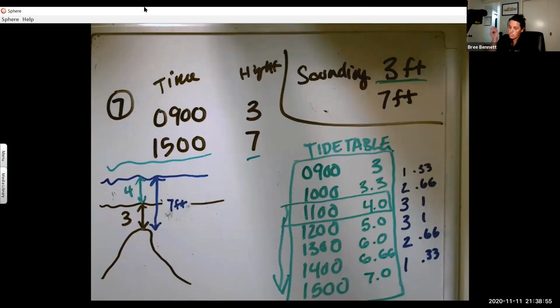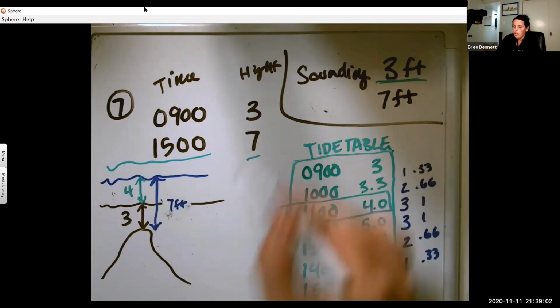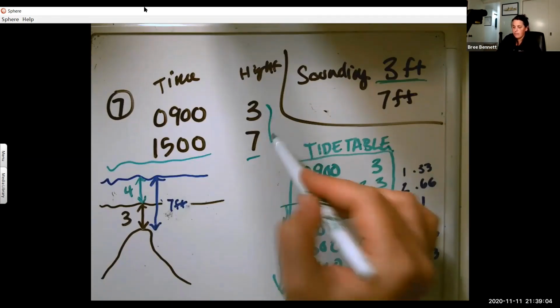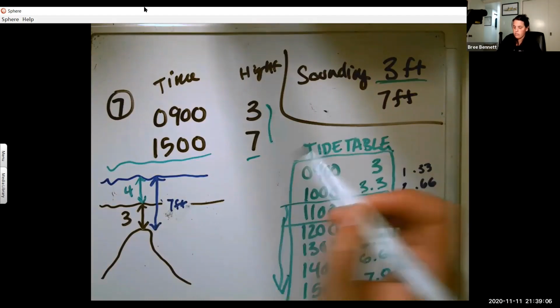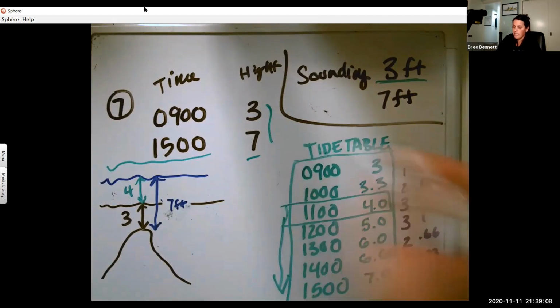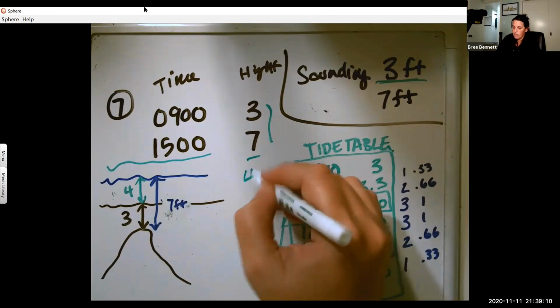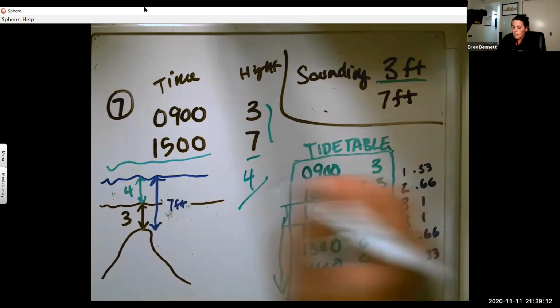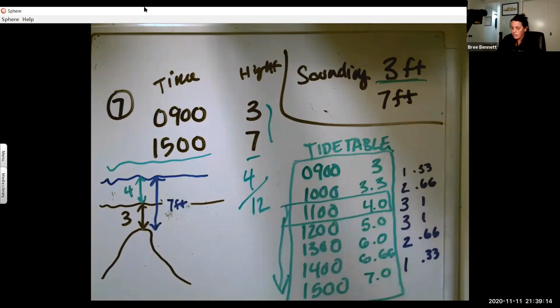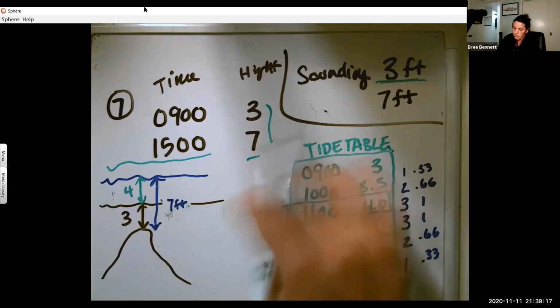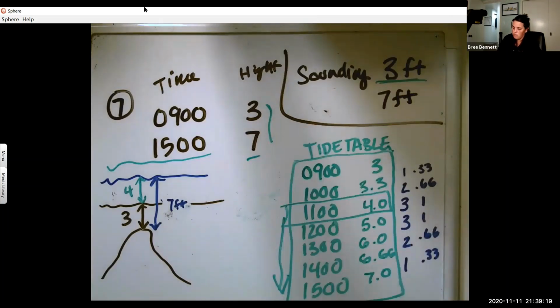So if I was just doing the rule of 12ths in my head and I didn't do this whole tide table thing, I see that I have 1/12, or my tide range of 4. Divide that by 12ths. I guess that's how it goes.